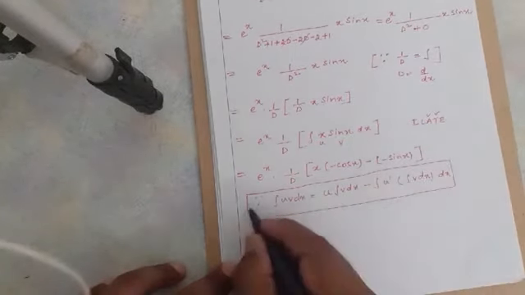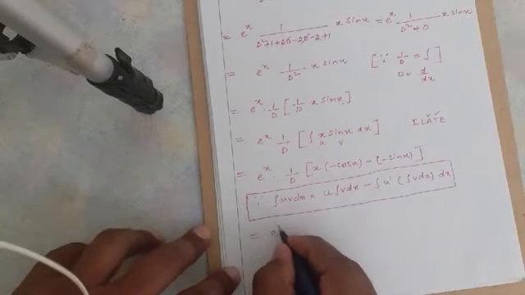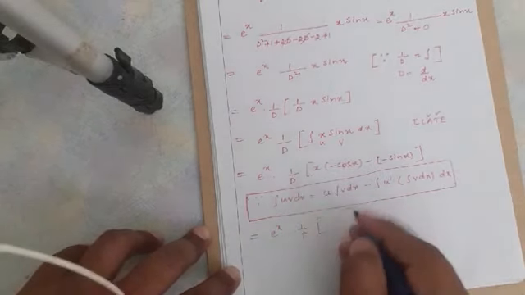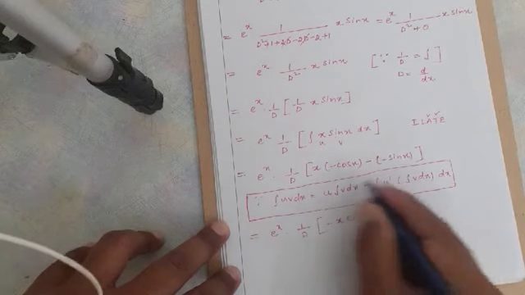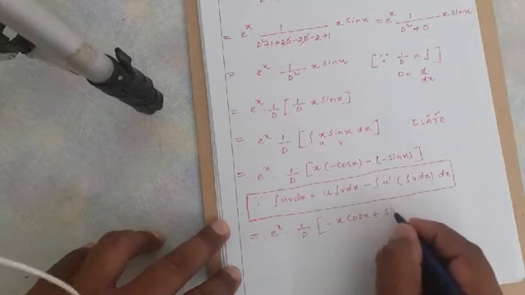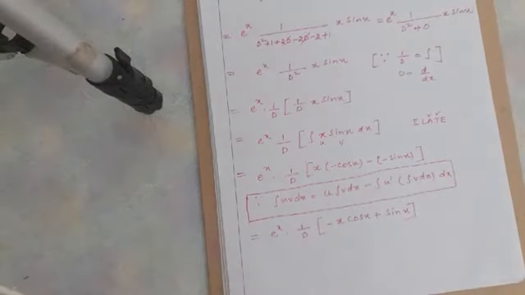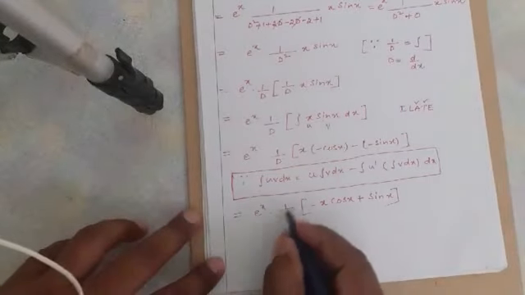When you substitute in the formula, you get the above step that I have written. So this step becomes e^x into 1 upon D, and in bracket you get minus x cos x, then minus of minus plus sin x. Then again we have to integrate.